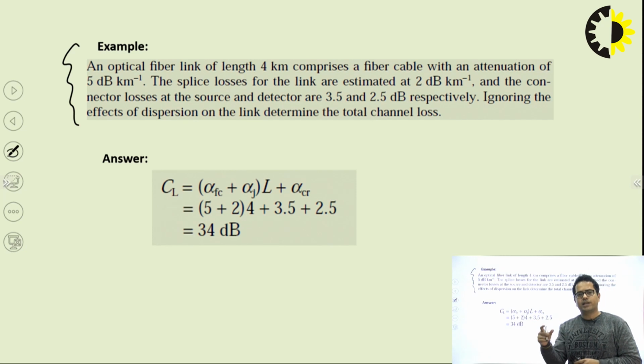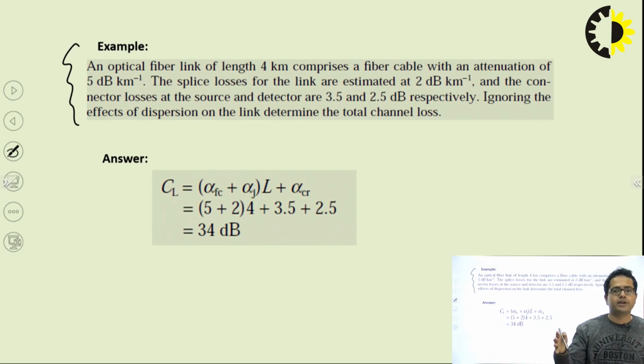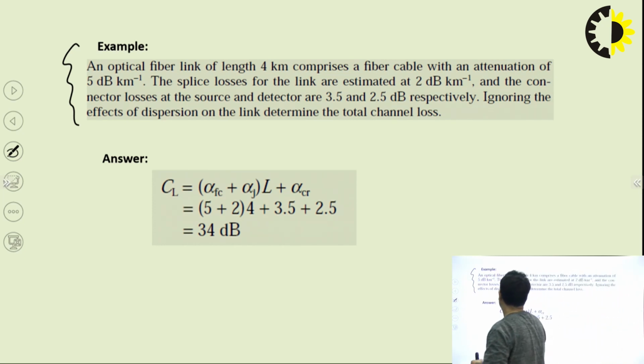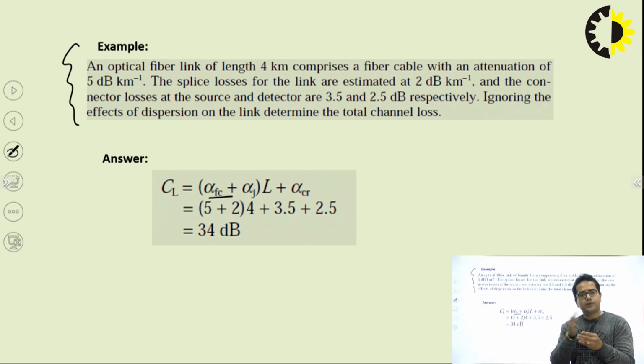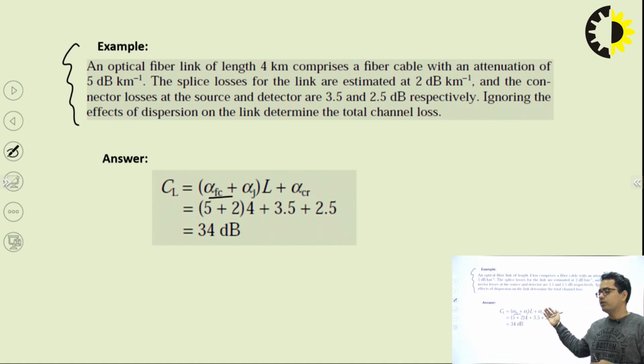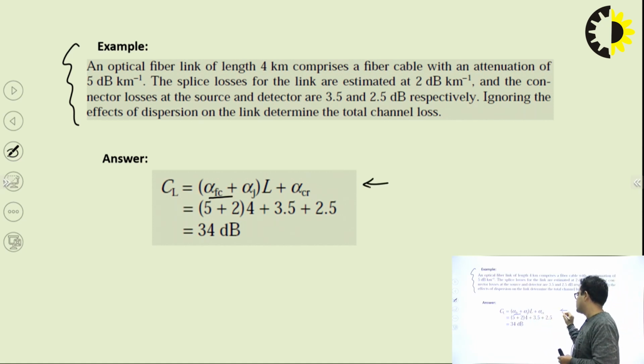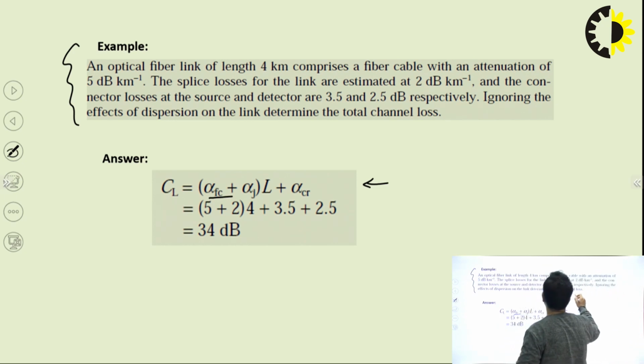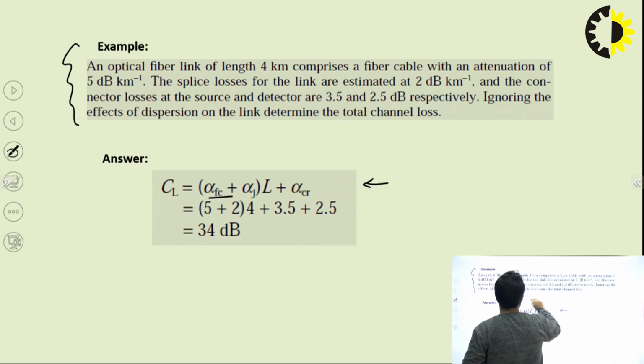In that channel medium there are various joints, various connectors, various fiber couplings. So we have to include all those attenuations, and we can then directly calculate the total channel loss.